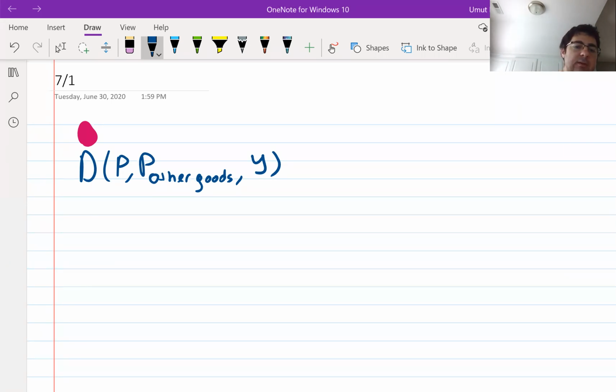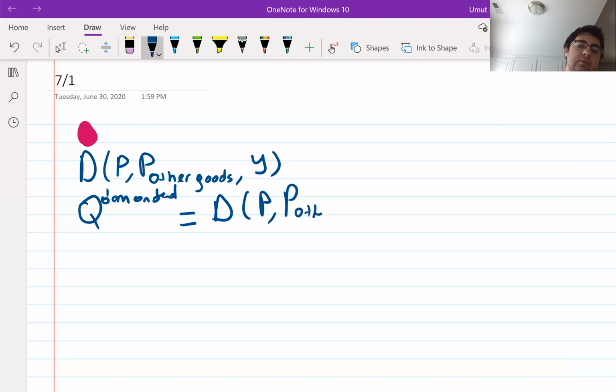We denote it by quantity demanded. So quantity demanded will be a function of, again, the price itself, price of the other goods, and your income.